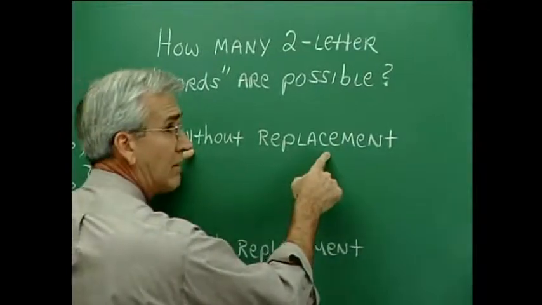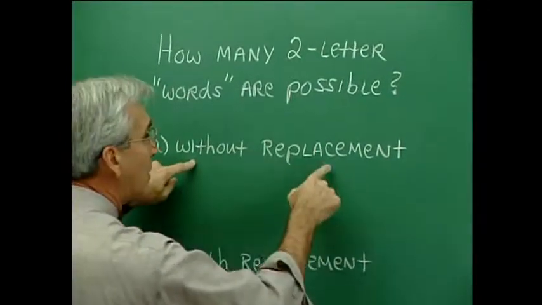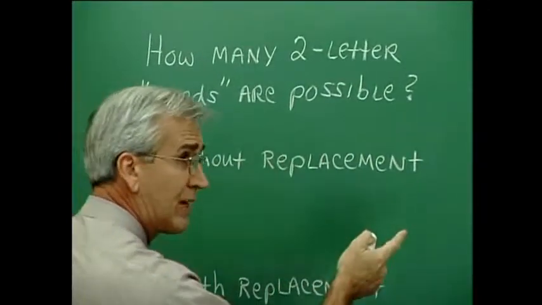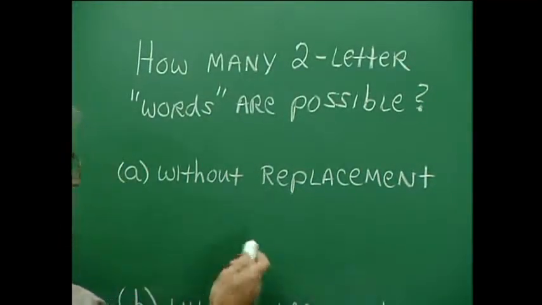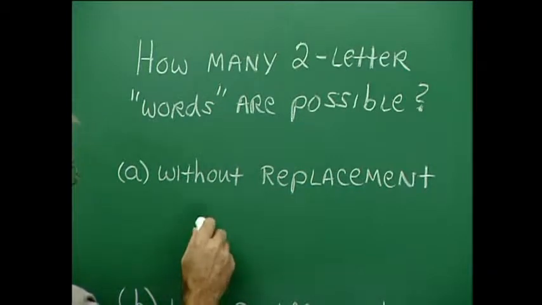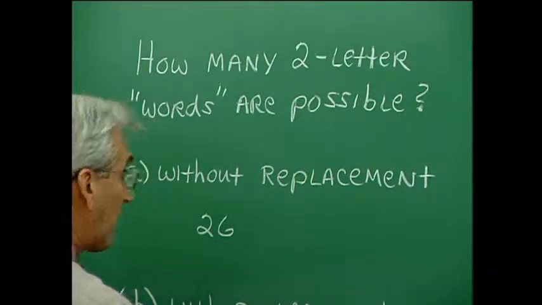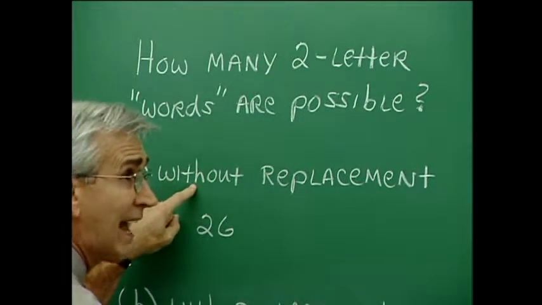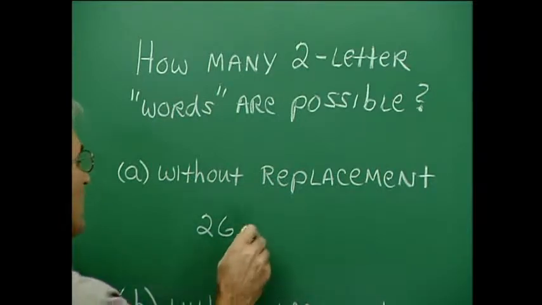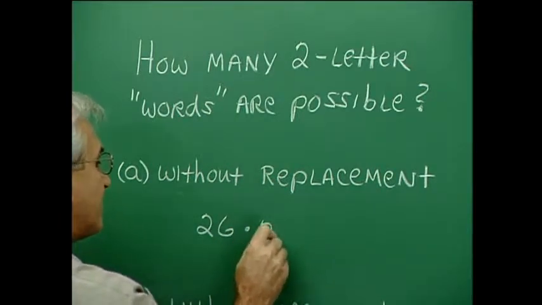Without replacement, that is, without including the first letter in our choices for the second one, it would look like this. Now remember, we're just multiplying the choices here. The number of choices for the first letter would be 26. The number of choices for the second letter, if we're talking about without replacement, without replacing that first letter back into the mix, is 25.